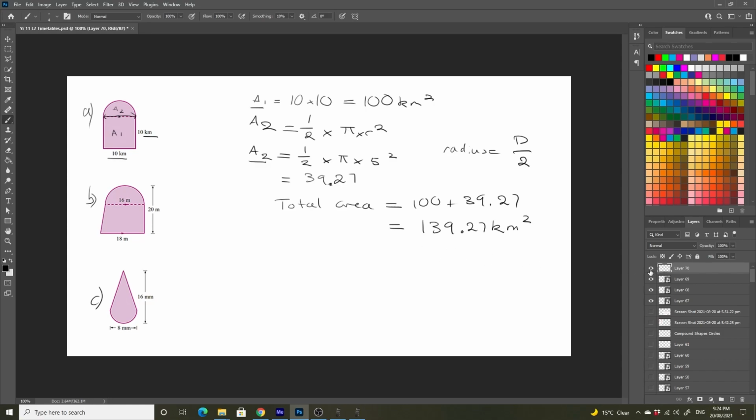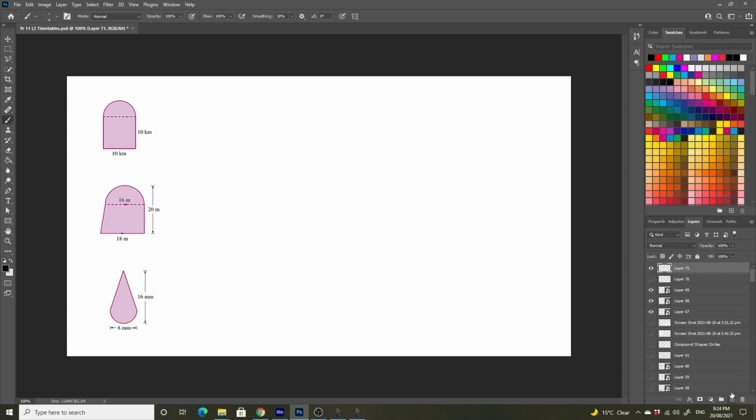Okay, so let's do the next one. Just make some space. So, in this particular example, we have a semicircle and we have a trapezium. How do we know it's a trapezium? Well, it has two parallel sides in a quadrilateral.